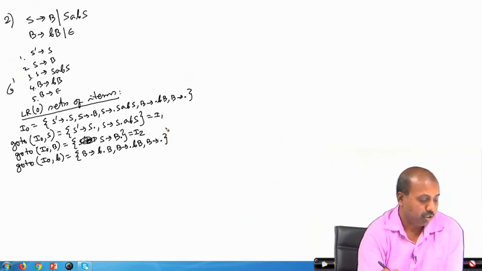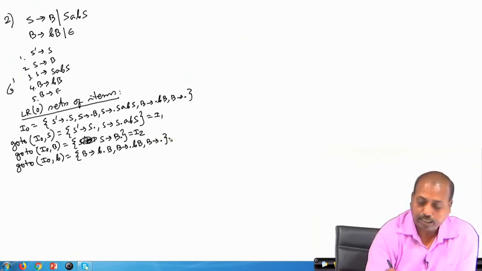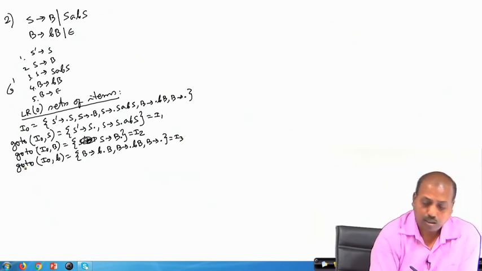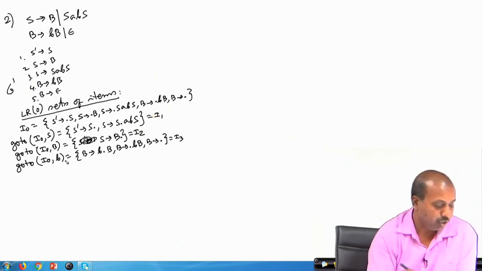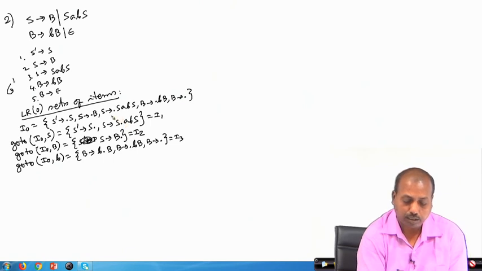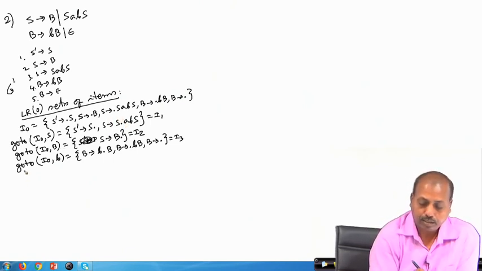So, they will come, and that will be my set I3. Now, go to I0 B we have done. There is nothing more, capital B we have done, small b we have done, that is fine.